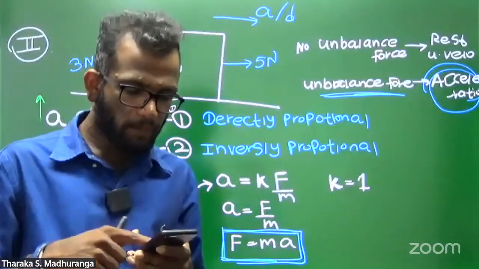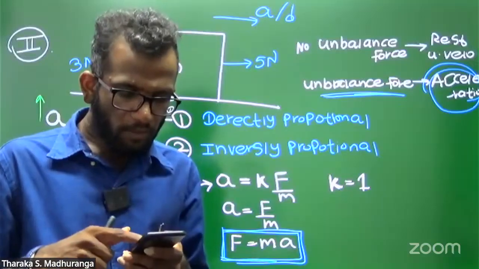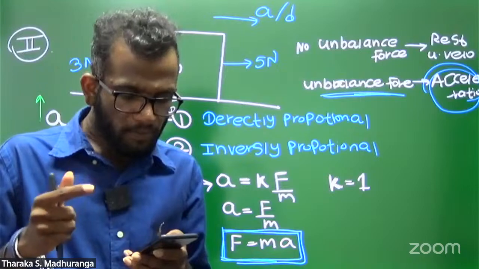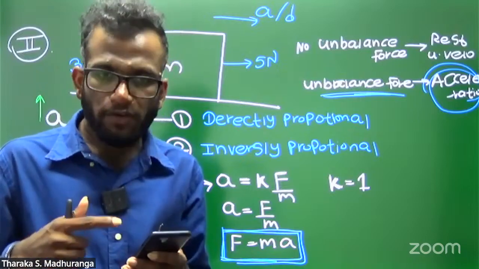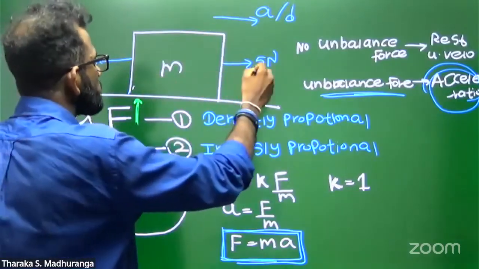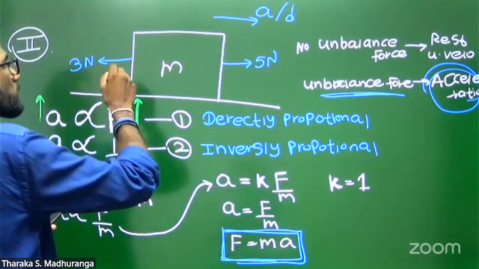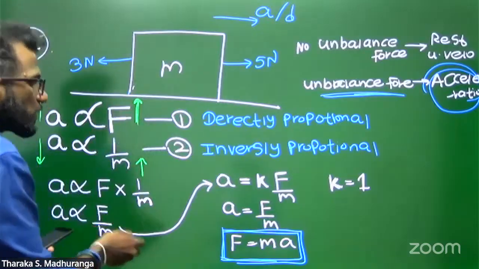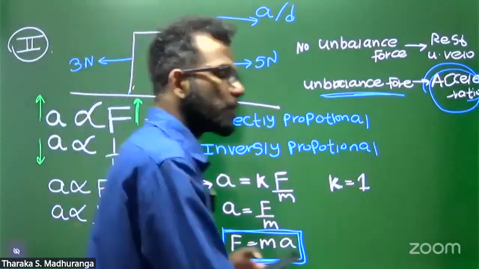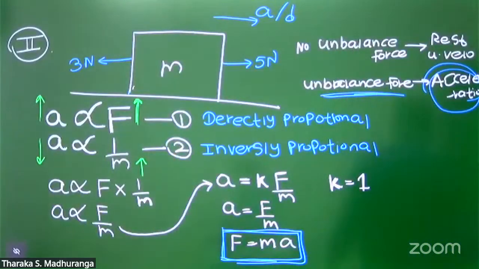With the cover page, page number 5, I have given space for F equals ma. In that space, please draw this diagram, write down this part, and as the final step get the F equals ma equation. Any doubt you can ask.